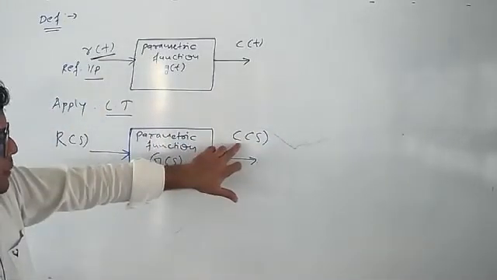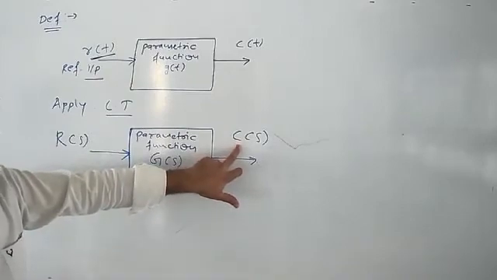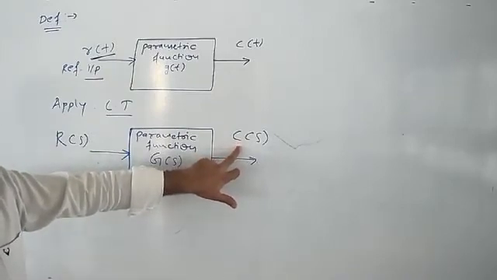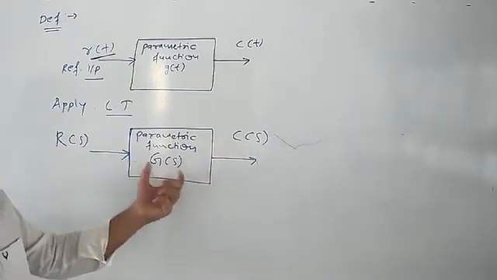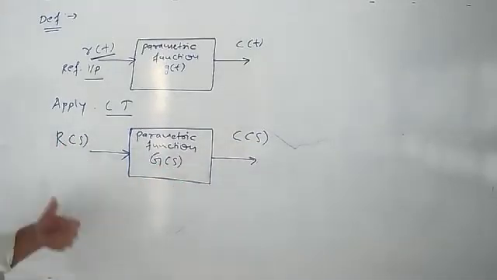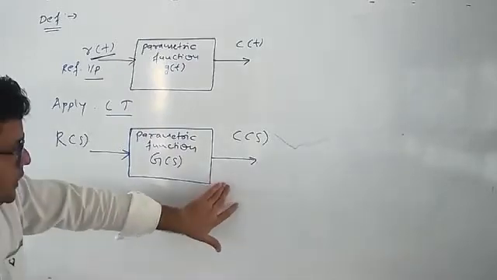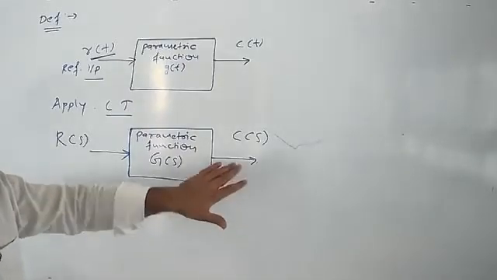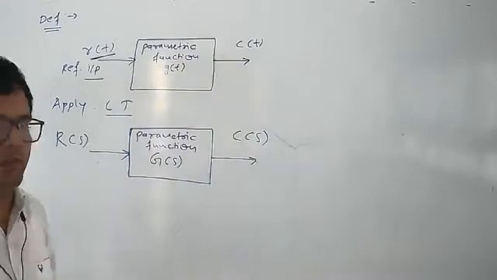So capital C of s indicates the controlled output, or response, generated by this system when it is excited by the reference input signal R of s. This is nothing but the block diagram representation of our control system in frequency domain.